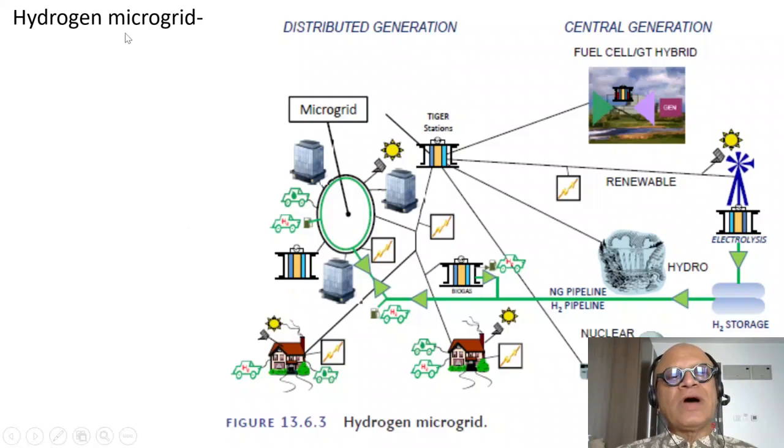Within that, you can do a hydrogen microgrid where you are doing your own renewable hydrogen resource generation. So you've taken the same thing, added within the microgrid a hydrogen. So this is now supplying. Look at the arrow size.